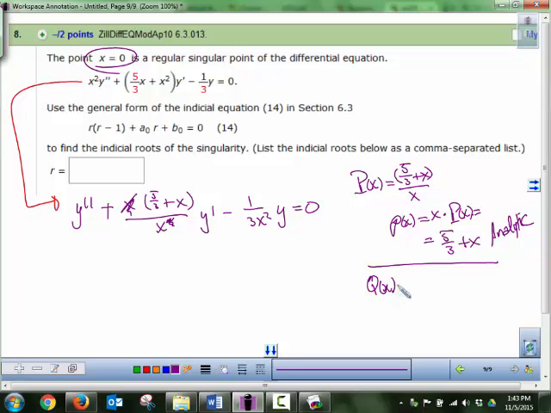Q of x is negative 1/3 over x squared. So little q of x is x squared times that, which gives negative 1/3, also analytic.